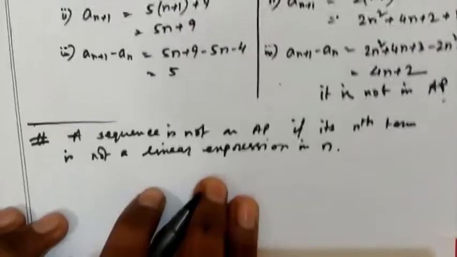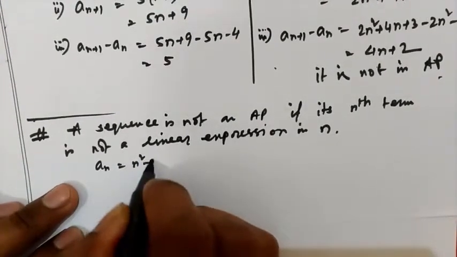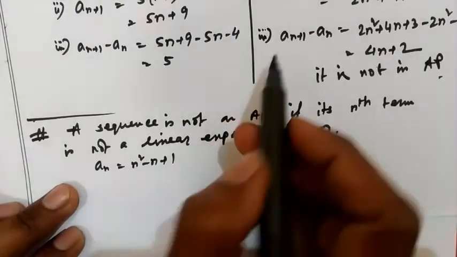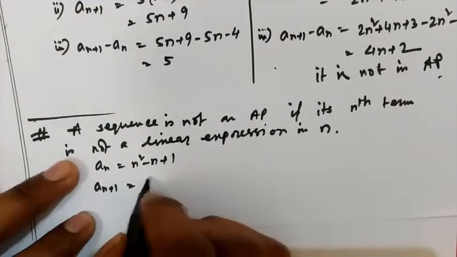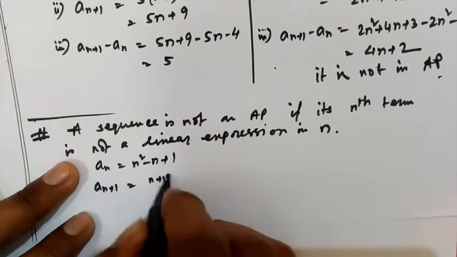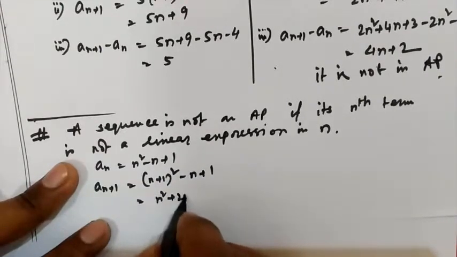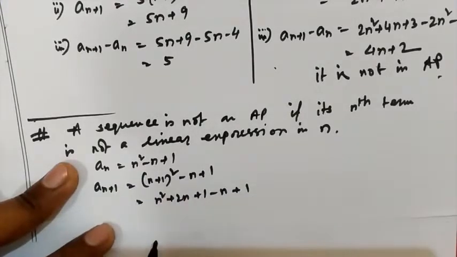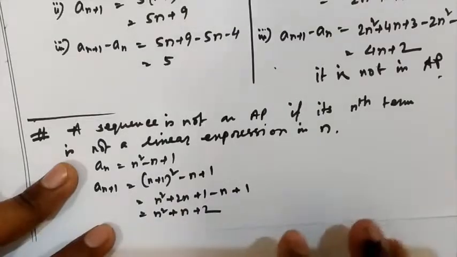Similarly, if I take another example, if an is given as n square minus n plus 1, in a similar way we can do it. First of all we get a n plus 1, that will be n plus 1 the whole square minus n plus 1, that is n square plus 2n plus 1 minus n plus 1, that is n square plus n plus 2.